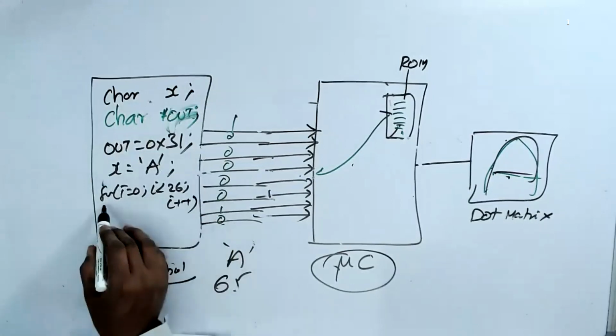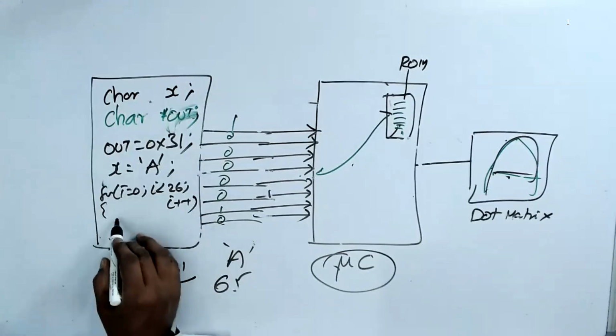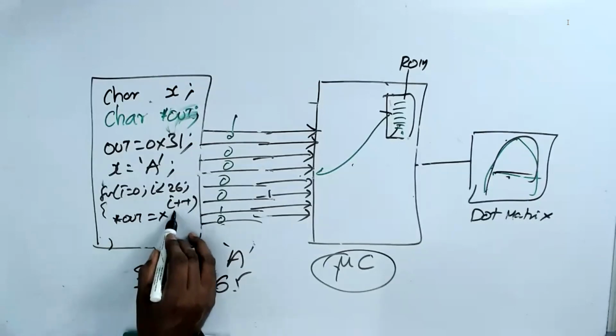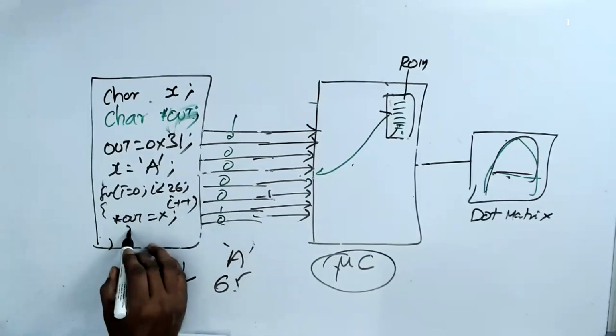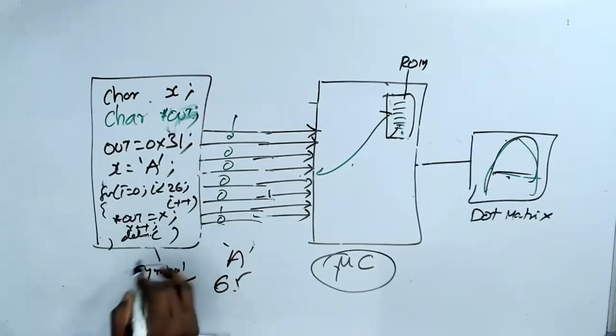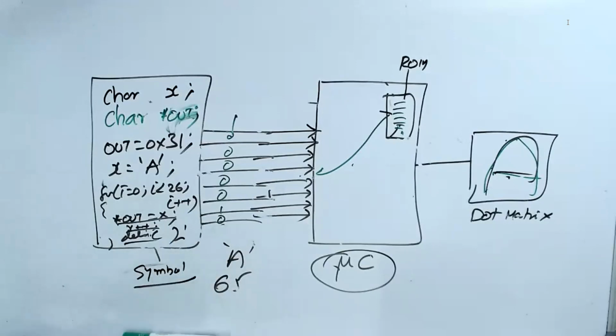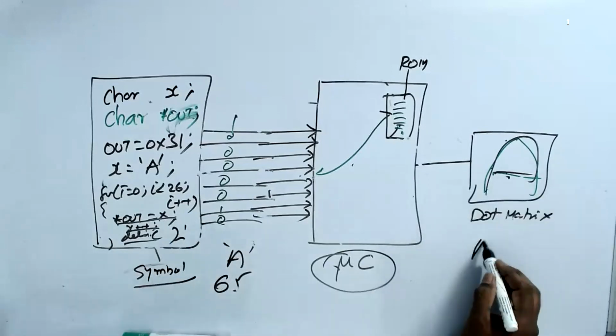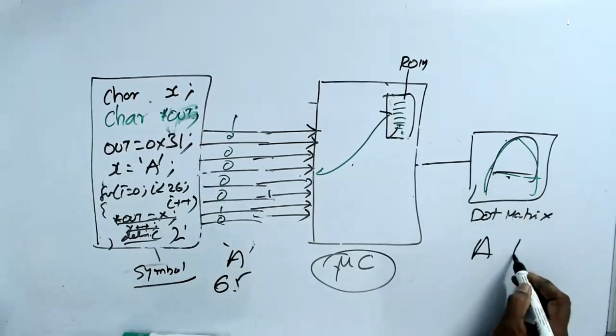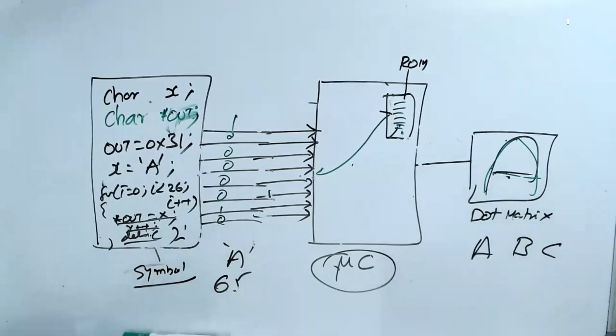I say star out is equal to X. X plus plus, delay. Now, if you write a program, X plus plus, delay, then you will start getting A, B, C one by one, because you're outing one by one in this code here.